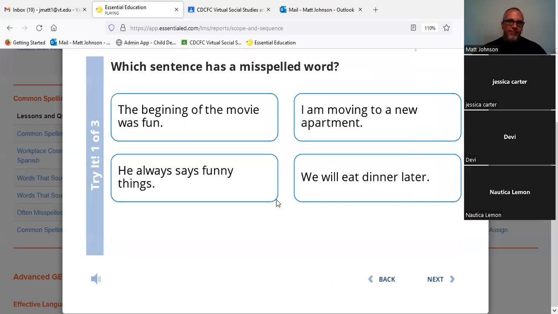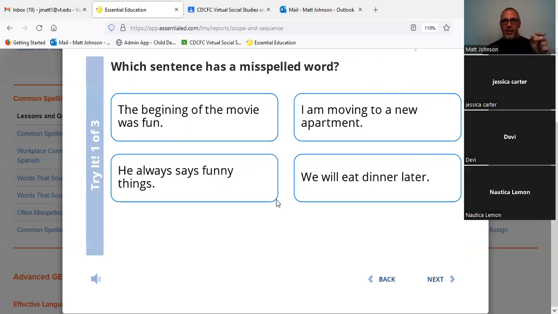Which sentence has a misspelled word? All right, and this is where it gets tricky, in trying to identify a word as you're reading it. You can glance over things and think, I won't have any trouble understanding the message here, even with a misspelled word, but can I locate it? So here, it's the beginning of the movie was fun, right?